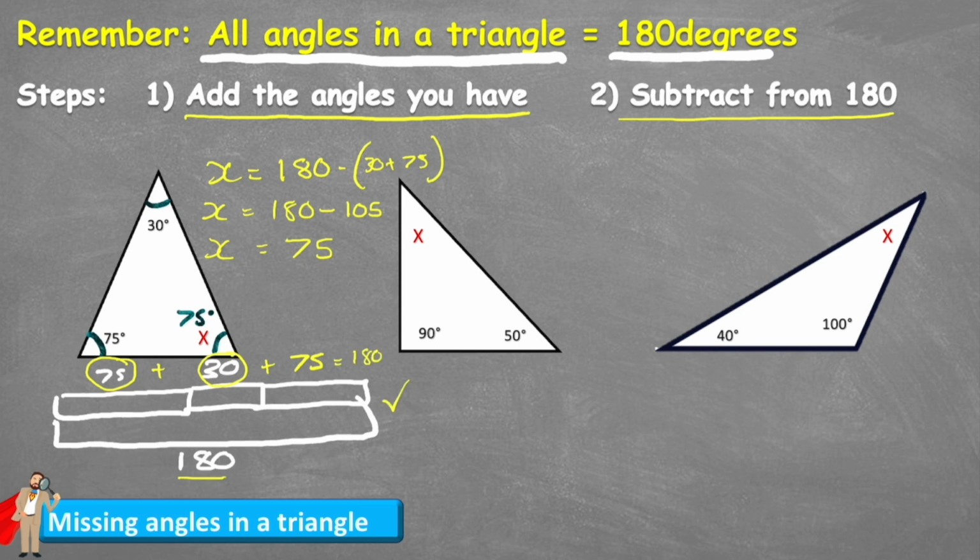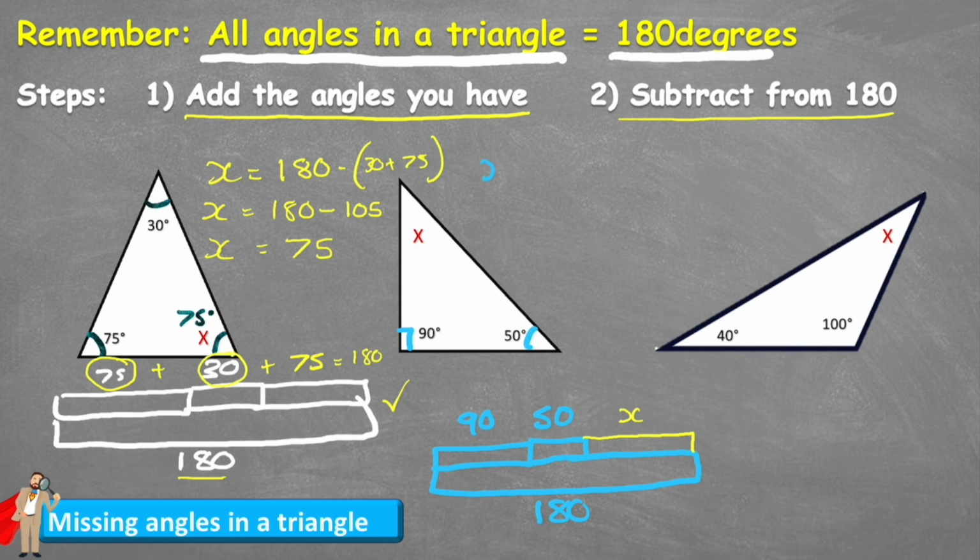Perfect. Okay, let's look at shape B, this one in the middle. And this time we're given an angle of 50, and we're given an angle of 90, a right angle. So again, if I draw my bar model, I know that I have a 90 and a 50. And I know that my total is 180. So this missing gap will be my X value. So again, let's use some algebra to help us.